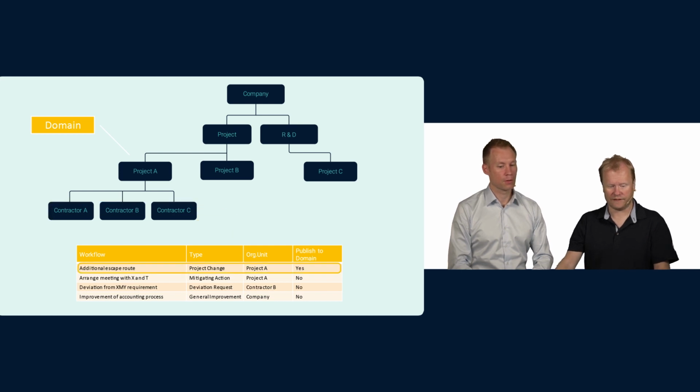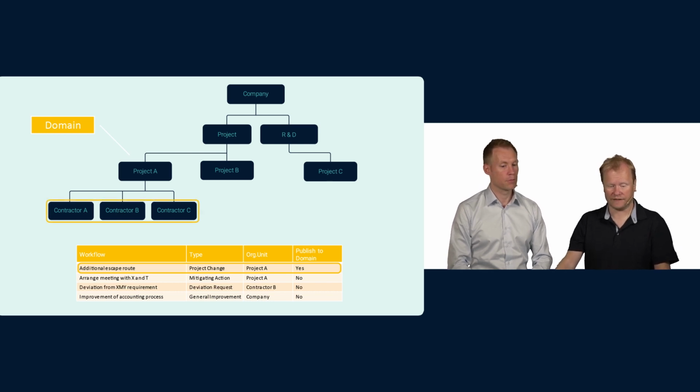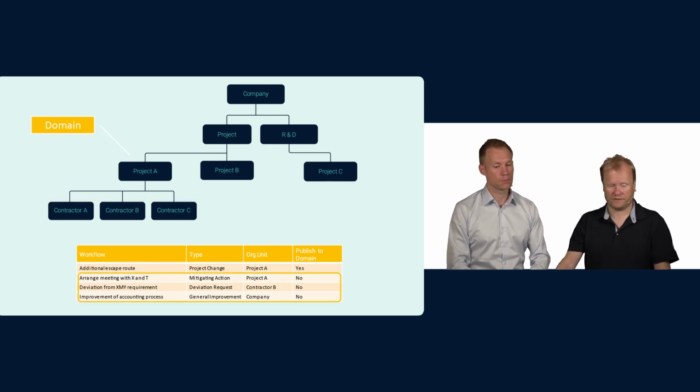So we have this workflow, additional escape route, which is project change, and we said on that we're going to publish it to the domain. So all these workflows that are part of this type will become available for contractor A, B, and C.